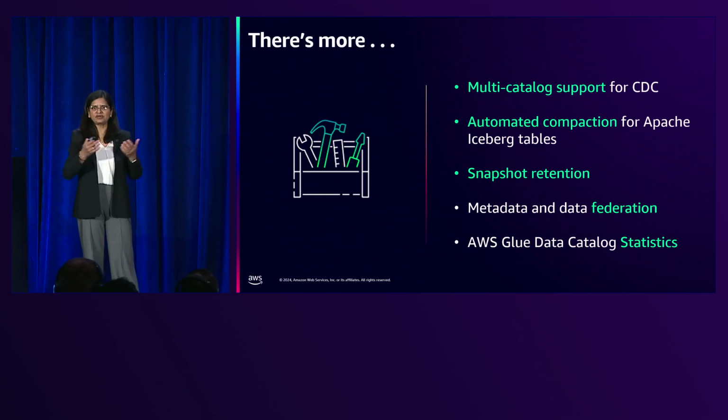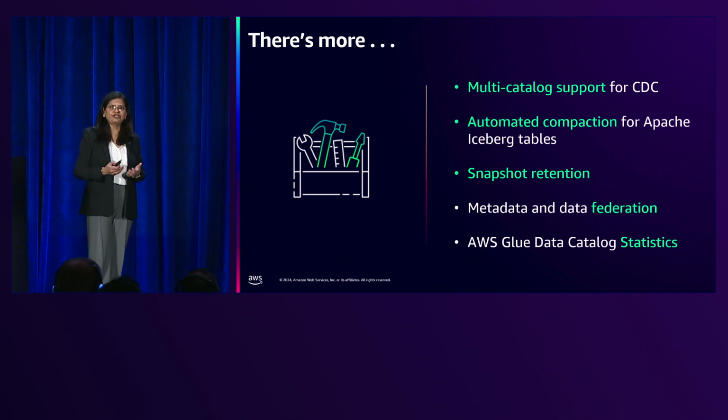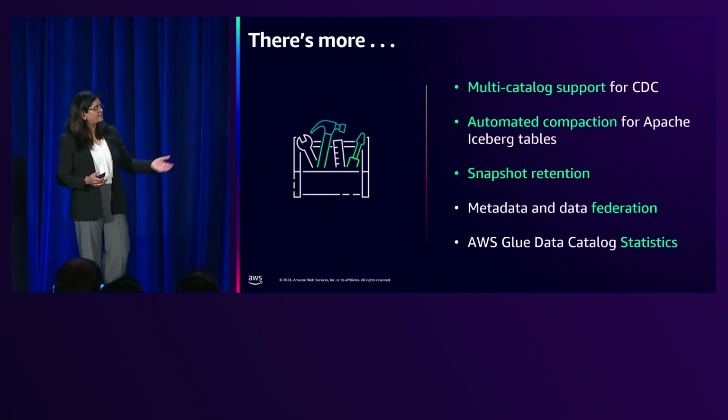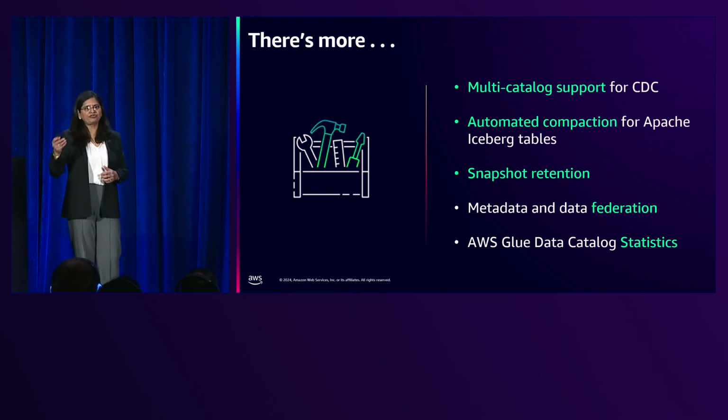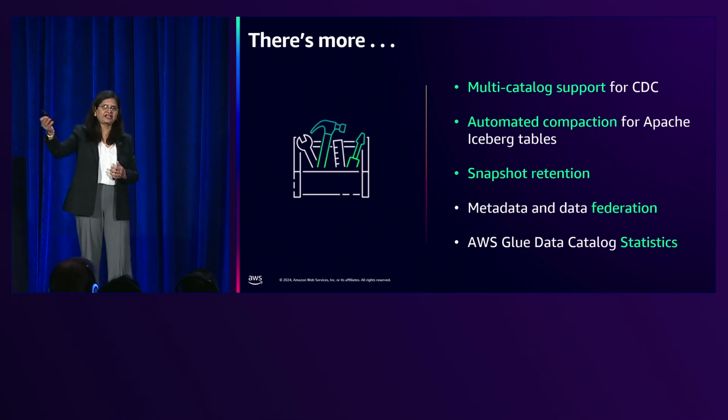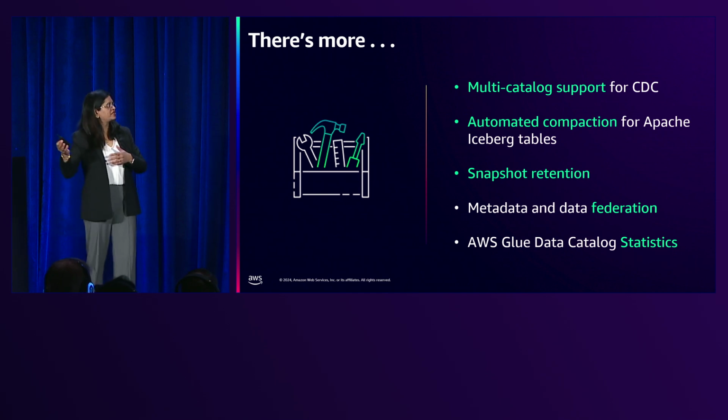So the hierarchy is very flat, and per account, you only have one catalog that you could define. So starting this month, we have added multi-catalog support, which means that you can have multiple catalogs within an account, and those catalogs can include federated catalogs that you are federating from external sources as well.